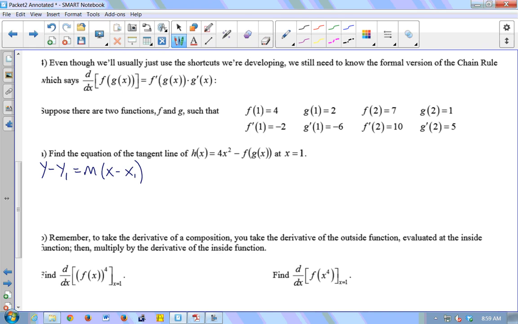It's easiest. So m, the slope, comes from the derivative, so we just need h prime of 1, because I'm looking for the tangent line to h. The slope of the tangent line is the derivative of the function. And then x1, that's the 1 that I was given. And then what's the y1? How do I get that?